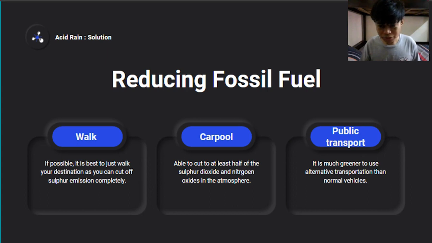The third choice is to use public transportation. It is much greener than normal vehicles. Why? Because they produce much less sulfur dioxide as well as carbon dioxide in the atmosphere.